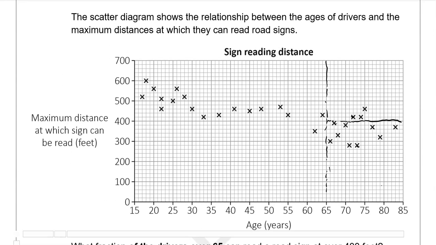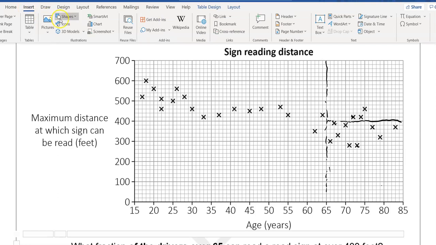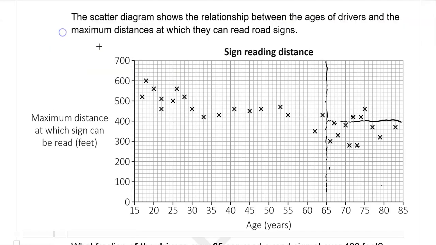To predict, I'm going to need to draw a line of best fit, trying to keep an equal distance between the points on both sides.